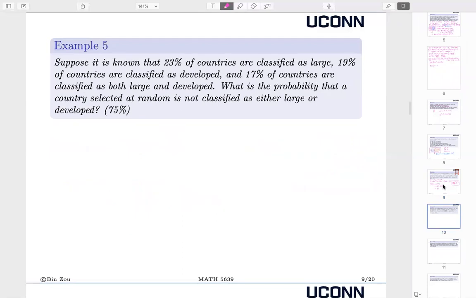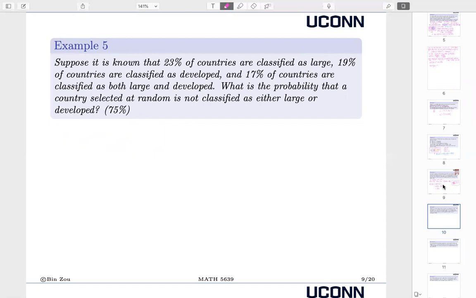So the next one, suppose it is known that 23% of countries are classified as large, 19% are classified as developed, 17% are both. What is the probability that a country selected at random is not classified as either large or developed?